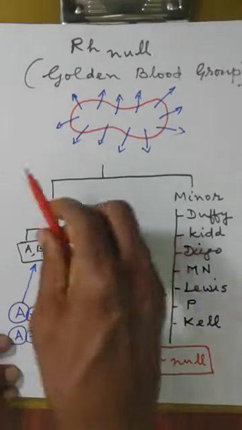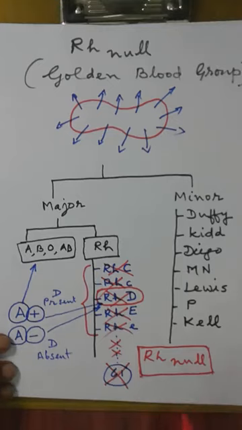For others, it may be a golden blood group, but for him, it is dangerous. So when we call Rh null a golden blood group, at the same time we have to call this Rh null person a man with a very dangerous blood group. That is what is called the golden blood group.